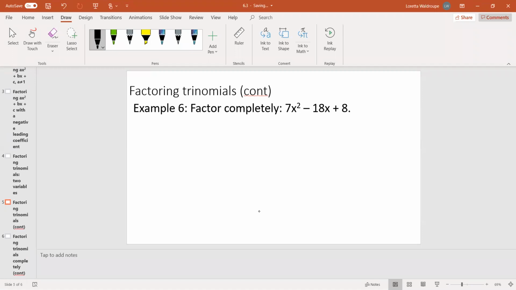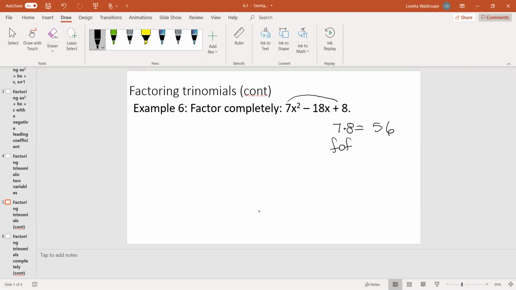So factoring completely is no different, but when it says factor completely, you need to make sure what you factor doesn't factor further. So nothing in common. 7 times 8 is 56.